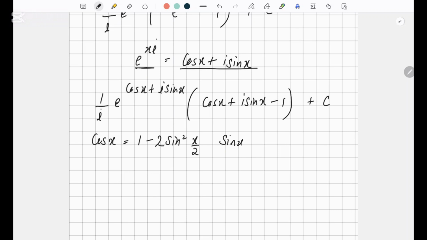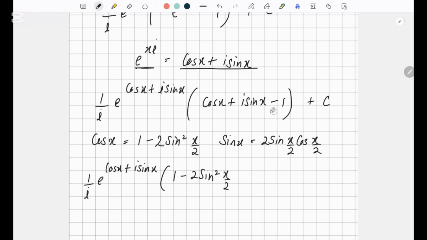And sin x equals 2 sin(x/2) cos(x/2), right? So let's write 1 over i e to the power (cos x + i sin x) into, now instead of cos x I'm going to write 1 minus 2 sin squared (x/2).